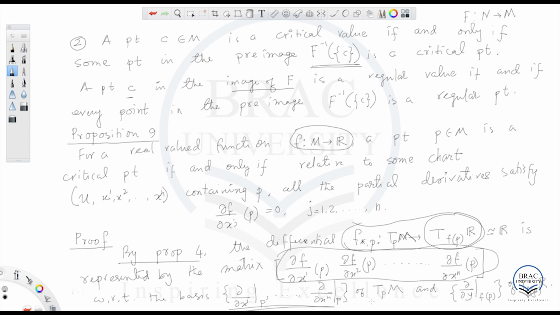This is the basis of T_p M, and this is the basis of T_f(p) R.